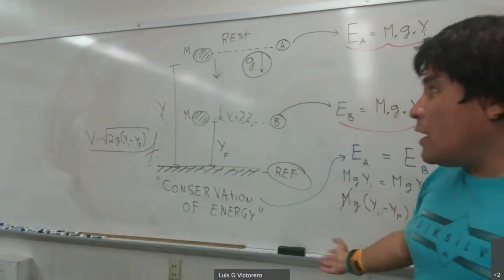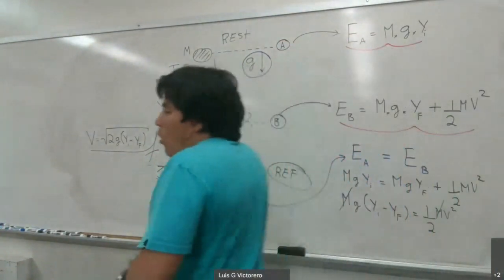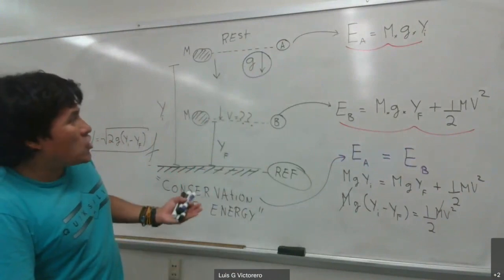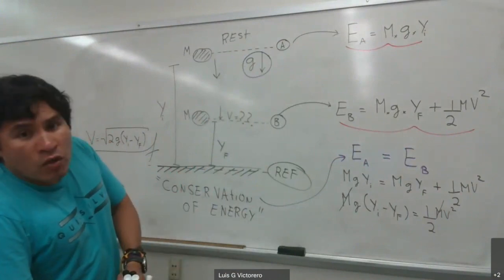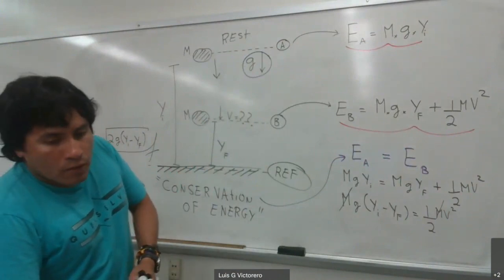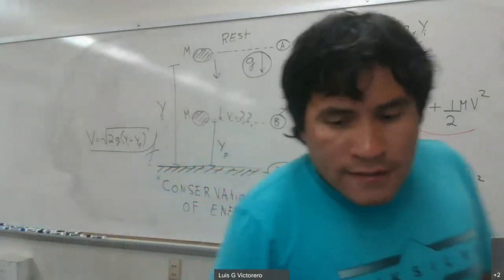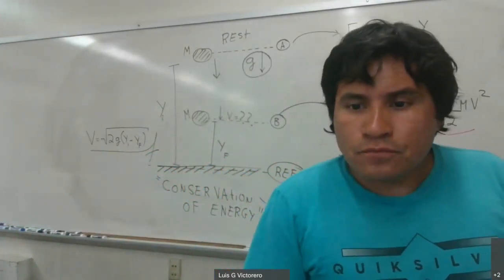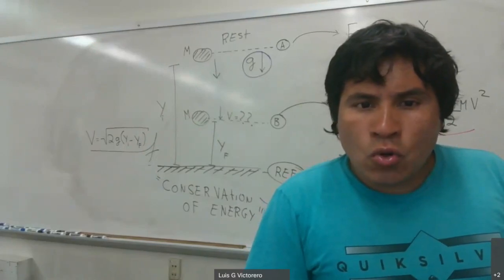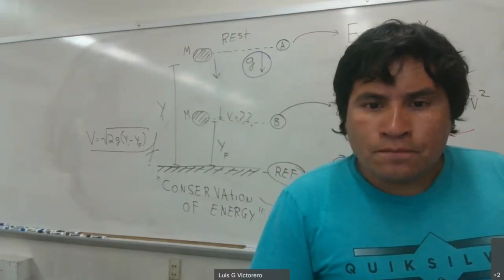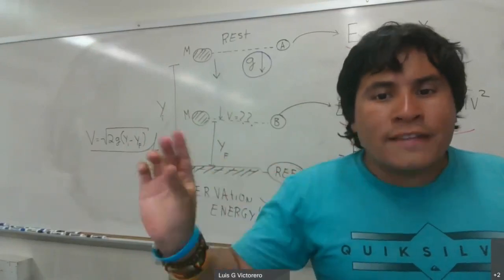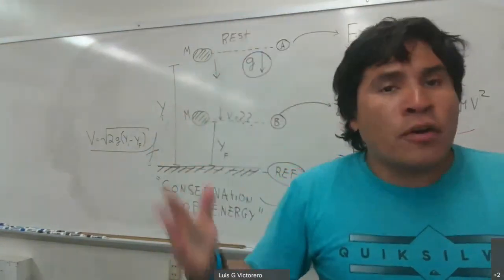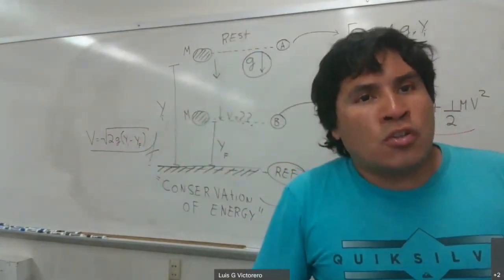So that's basically the summary of how you solve a problem using the conservation of energy. You first check for the initial and final point, then write down the mechanical energy at the initial and final point, and then you set them equal to each other.